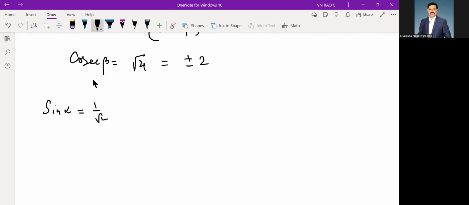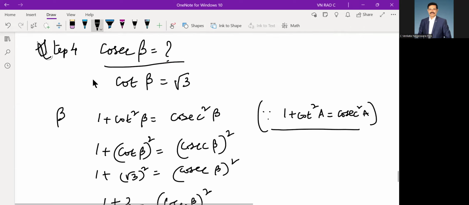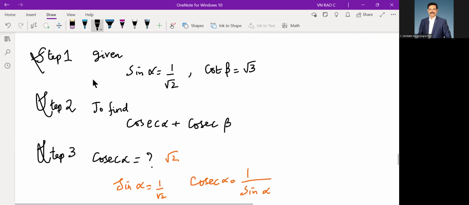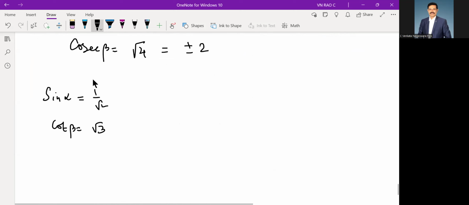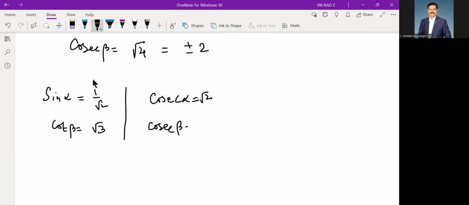We obtained that cosecant alpha is equal to square root 2 and cosecant beta is equal to plus or minus 2. That means it is either 2 or minus 2.